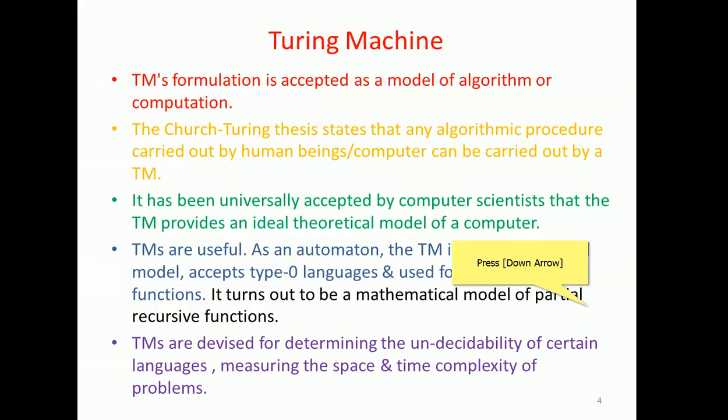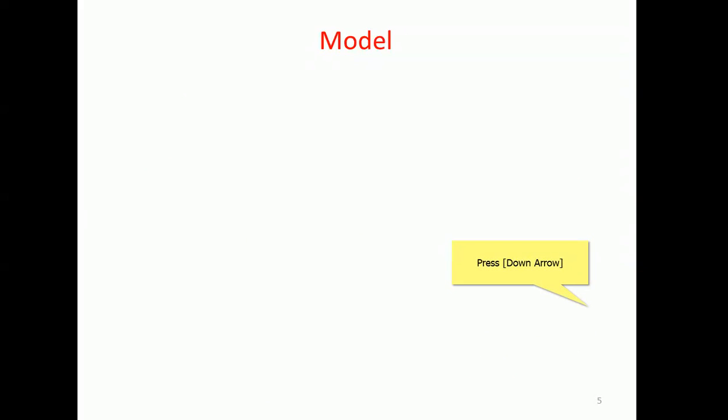Now coming to the model, the Turing machine model has a finite control, which is pointed with the help of the read write head. This is a pointing device, which always points to a particular cell of the tape.